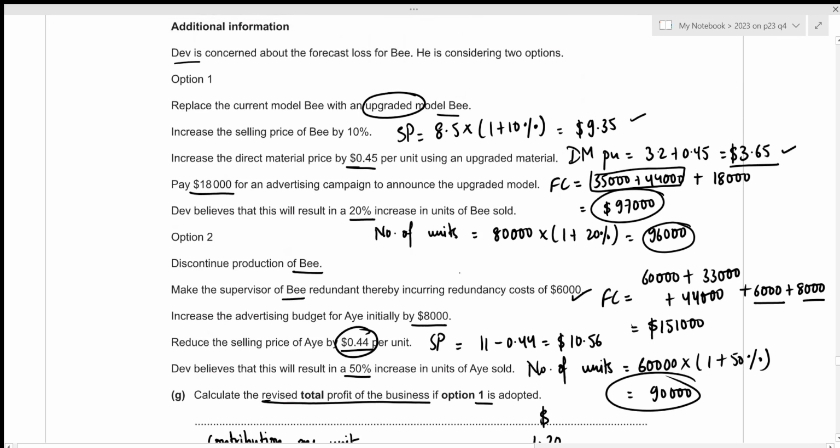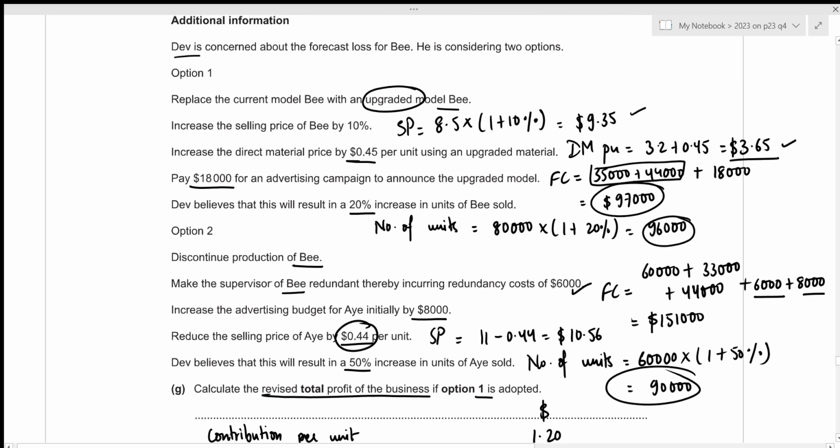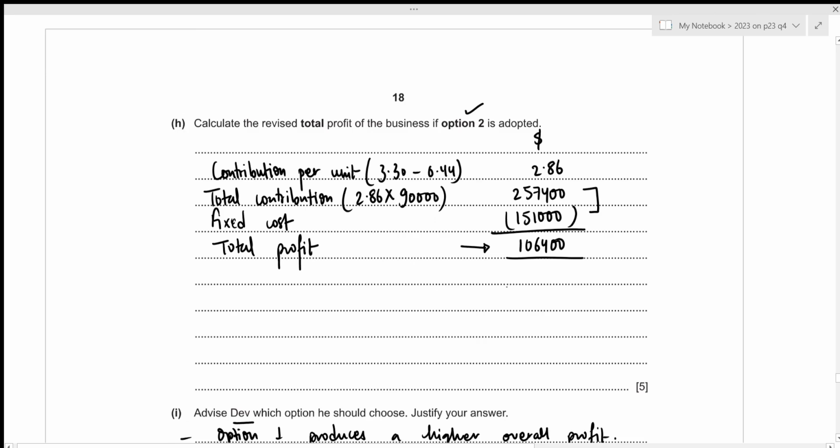Then let us repeat the same process for option 2. In option 2, we have redundancy costs because we are letting go of the supervisors. So will these redundancies affect staff morale or staff motivation? Let's write it down.